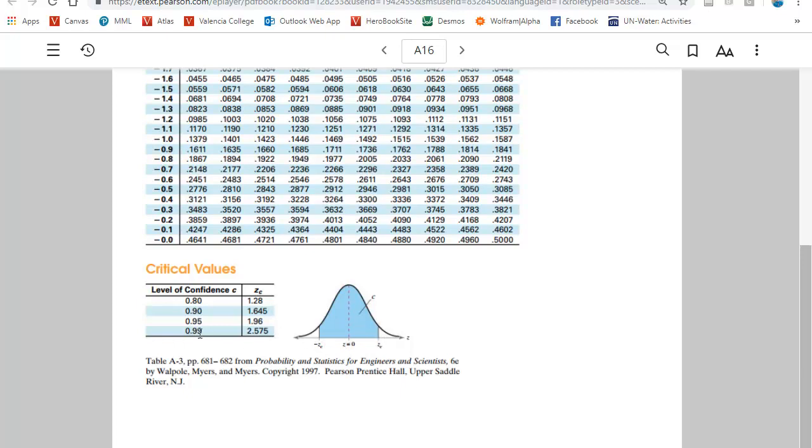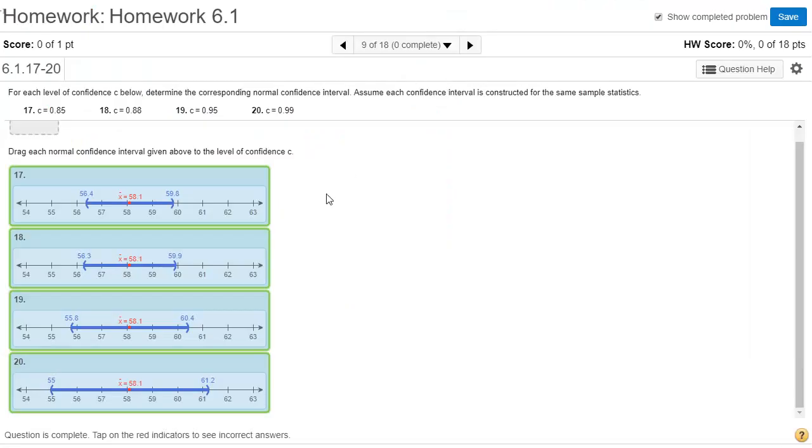And then because I want more data around the mean, I have to go further from the mean. So in this case, I have to go 2.5 standard deviations above and below the mean. So when we come back to this problem, we can see that the 99% confidence interval has to go the furthest from the mean as compared to any of the smaller intervals.